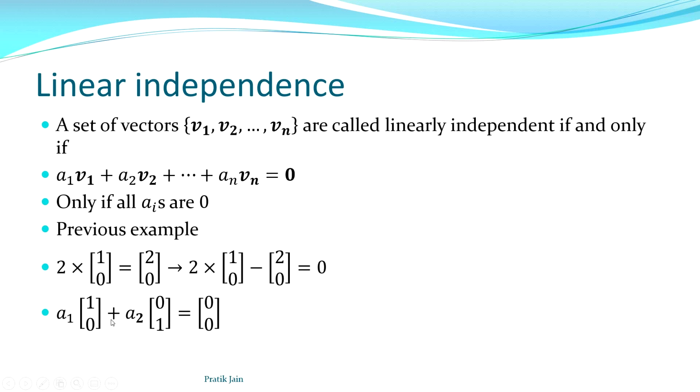So if you want to check whether two vectors are linearly independent, you'll have to make an equation like this where the right hand side is equal to 0, and check if you get any solution of a1 and a2 other than 0, then they are linearly dependent. If there is only one solution, that is 0 comma 0, that means they are linearly independent. So that is a basic introduction to linear independence.